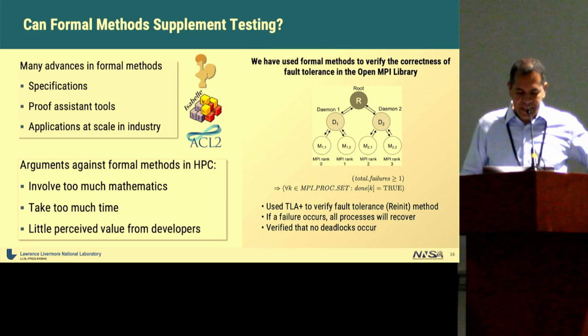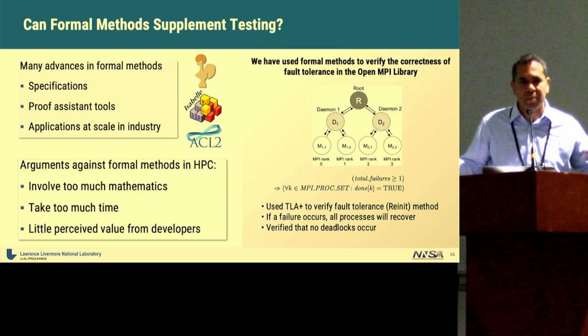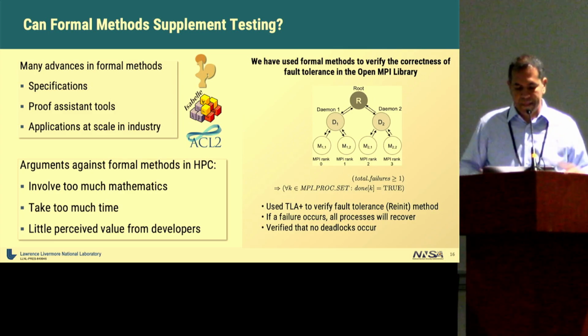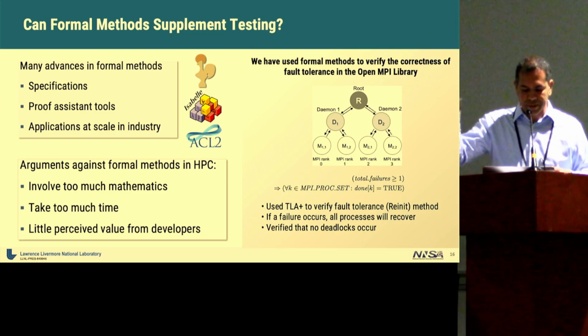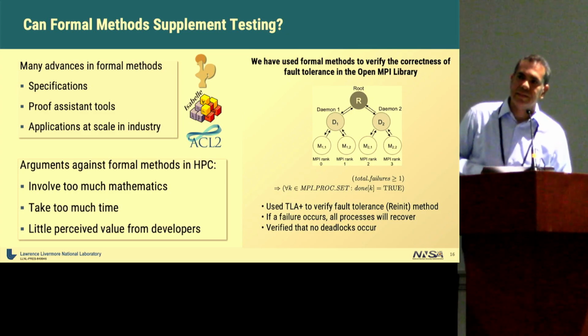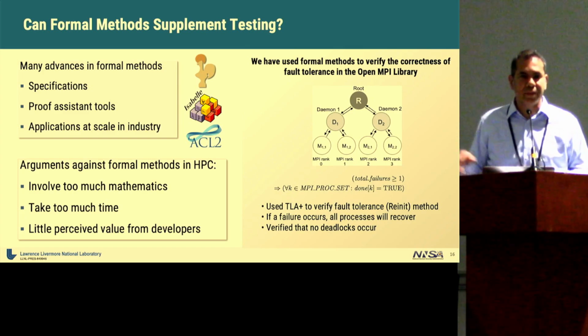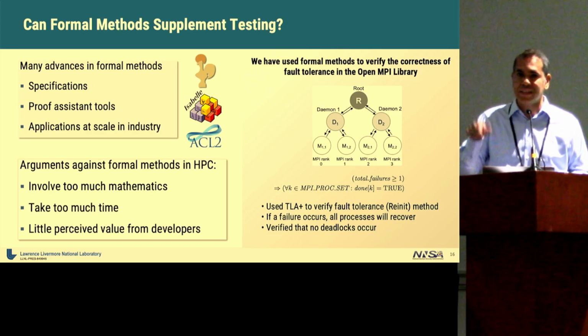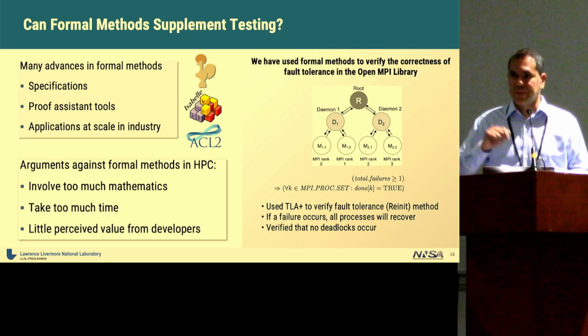We used TLA+, a model checking framework, to verify the fault tolerance algorithm in the library. We verified, for example, that when a failure happens, all the processes recover from the failure and reach a certain point in the program. We also verified that there are no deadlocks in the recovery algorithm. As I said, formal methods have a role to play, and I'm looking forward to the second keynote that is going to talk about formal verification in scientific computing.